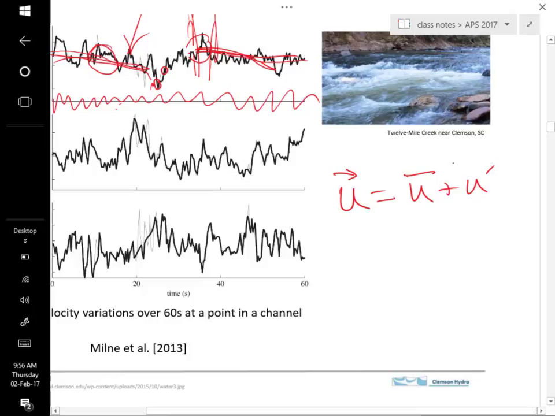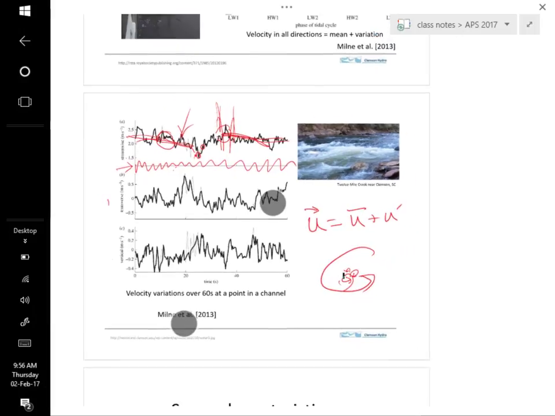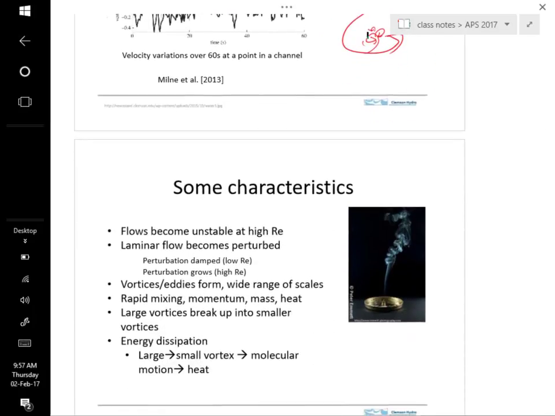It's a really pretty creek, and if you look at the flows there, you've got vortices in the flow, and on those vortices are smaller ones, and on those are smaller ones yet, and on down in scale. So we've got these perturbations that range over a wide range of temporal and spatial scales. This is going to be important because we'll be interested in what effects these things have.